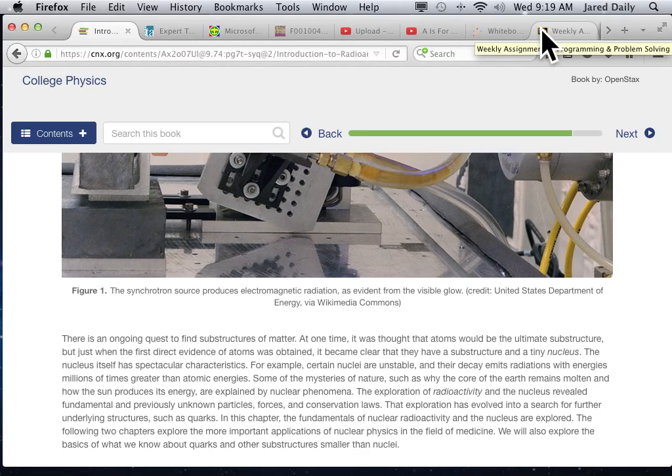But if one of the neutrons is not stable enough to be a neutron anymore, it can decay and become a proton. And if it becomes a proton, it kicks out an electron. So a neutron can become a proton and create an electron and a neutrino in the process.